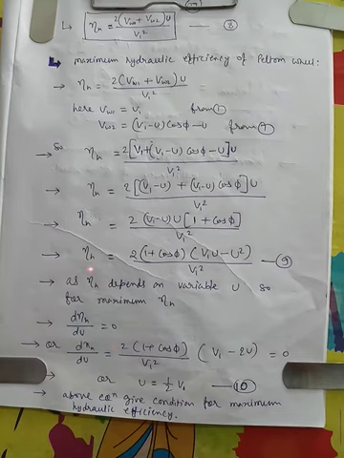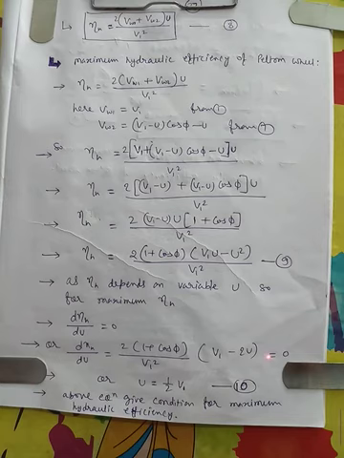The differentiation depends only on the variable u. The differentiation of u will be 1 and of u squared will be 2u, and the rest are constants.